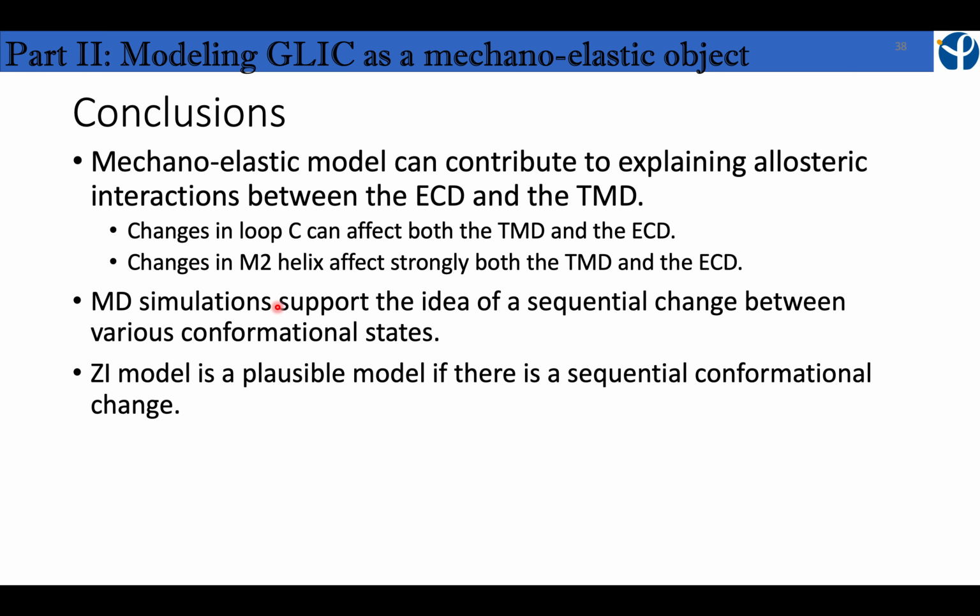And these simulations support the idea of a sequential change. And if that is the case, the ZI model is a plausible model for how a sequential conformational change can happen. So basically, it says that there is a clockwise direction of propagation of fluctuations and force, and fluctuations and force propagate through neighbor interactions.